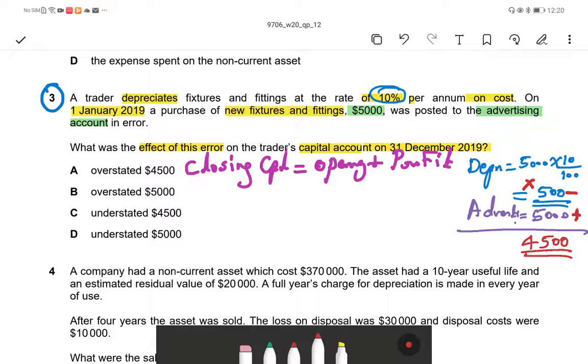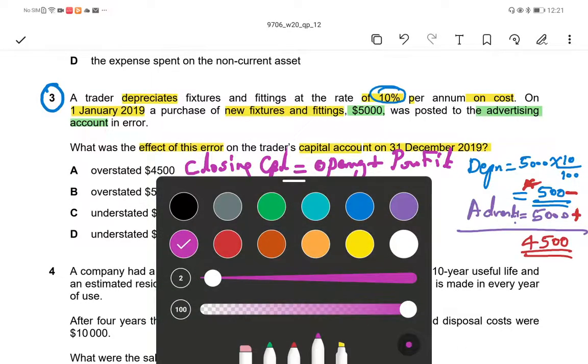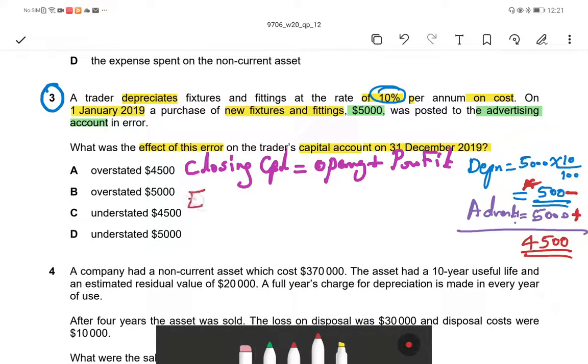Depreciation of 500 should have been there, but by mistake advertisement of 5,000 was shown, so the expense is overstated by 4,500.